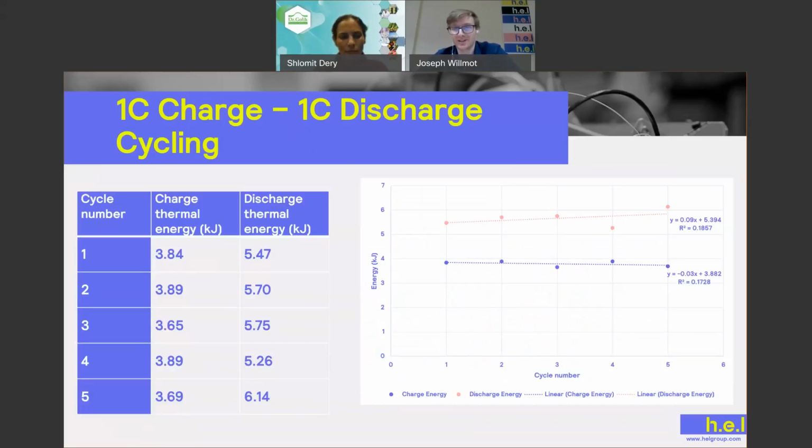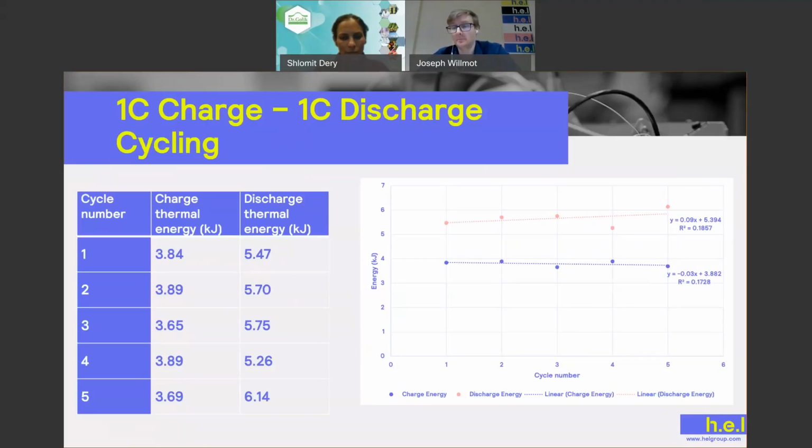The charge thermal energy essentially stays the same, with the discharge thermal energy slightly increasing. What this shows us is that the 1C charge and 1C discharge quoted for the cell is actually fairly appropriate. The performance of the cell hasn't changed dramatically.